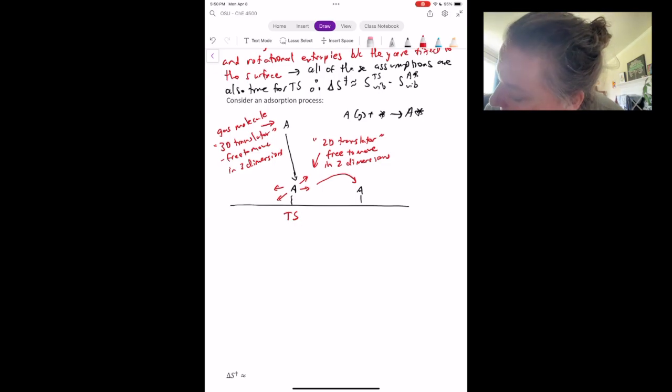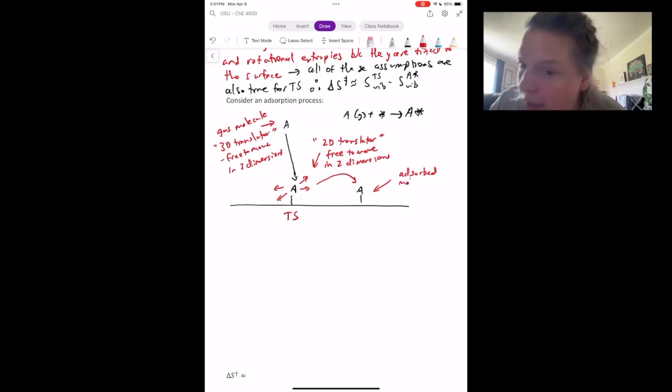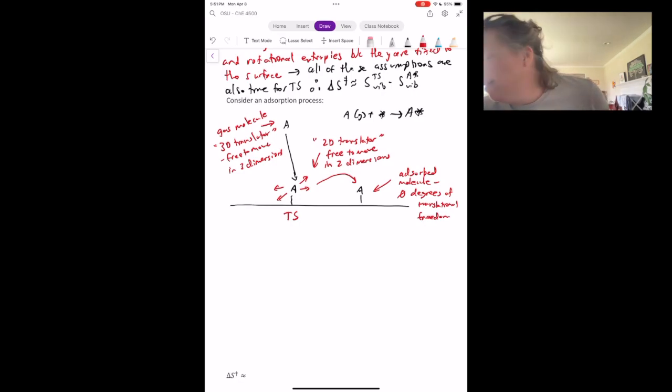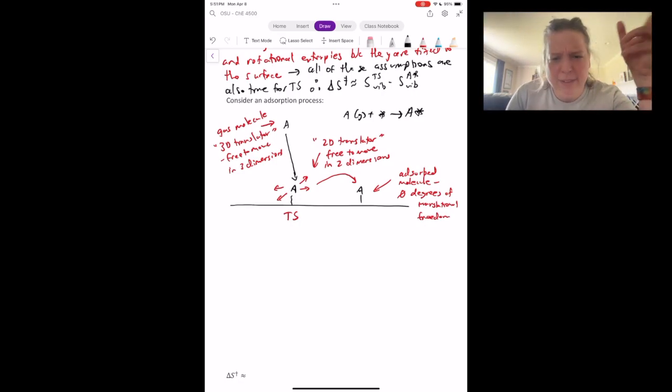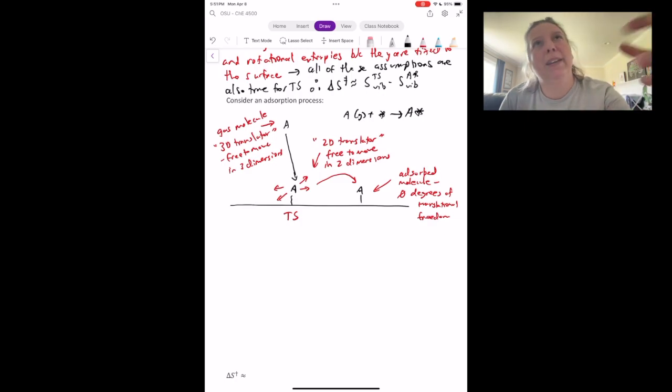So this here would be our adsorbed molecule, and we could say it has 0 degrees of translational freedom. That may or may not be correct, but for the sake of illustrating the concept, let's say that's the case.